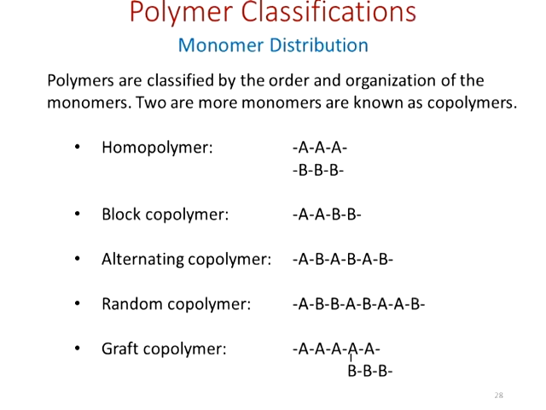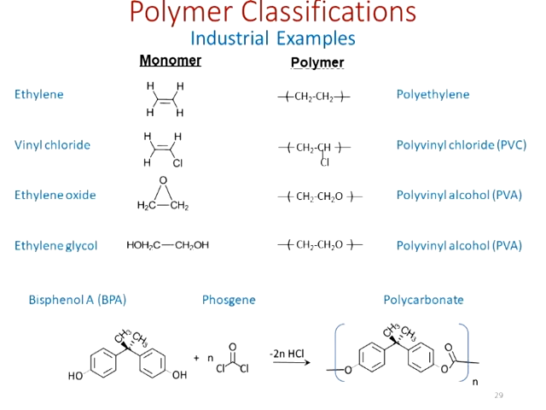Copolymers can be block copolymers, where we have blocks of A and blocks of B. You can have alternating copolymers of A, B, A, B in an ordered alternating fashion, or a random copolymer. And then we can have graft copolymers, where one chain of polymer has a new chain of polymer grafted onto it. Depending on which of these monomer distributions we have, the properties will be defined by them for in-use applications.